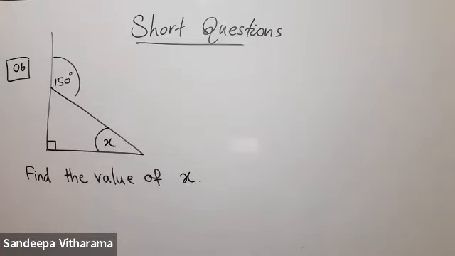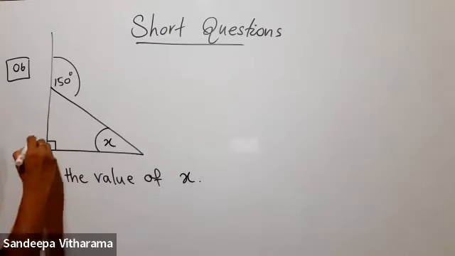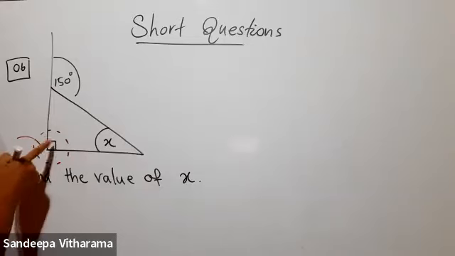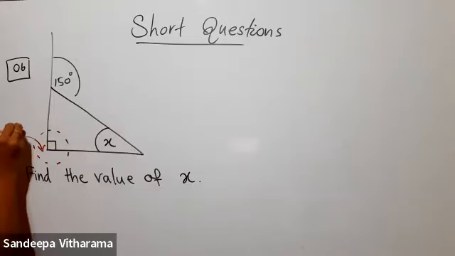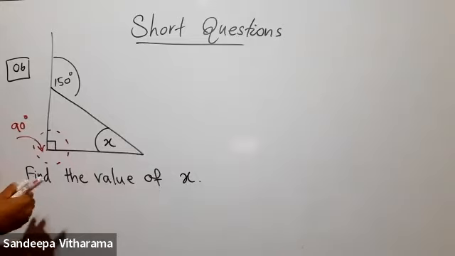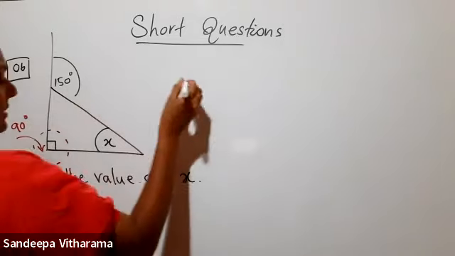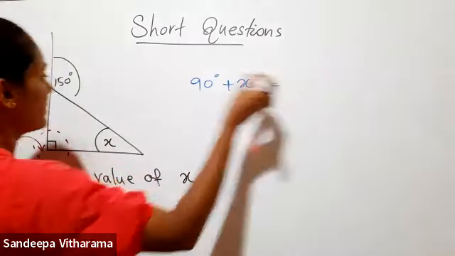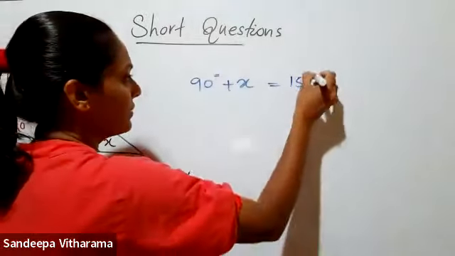Now, actually, I think you know about this. 60. This 60 degrees, teacher. This indicates this angle is equal to 90 degrees. No? So, what is the relationship that you can write? The 90 degrees add x equals 150.